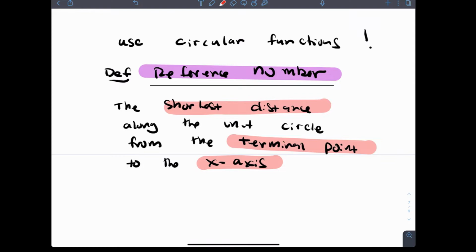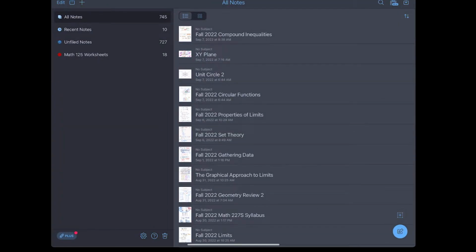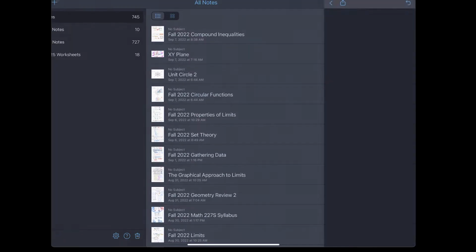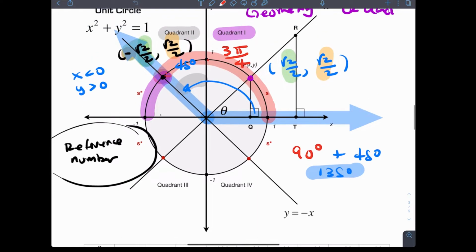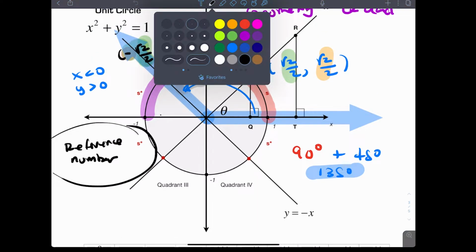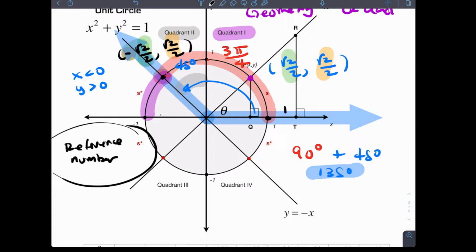Okay, and so if we go back there and you say, well, unit circle somewhere, circular functions, there we go. Remember this is called a what? Initial point, what's this? Terminal point.